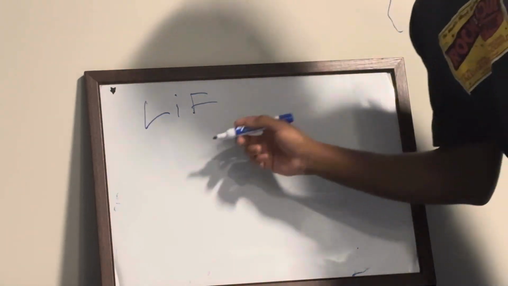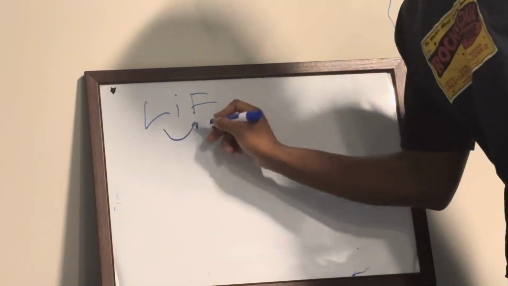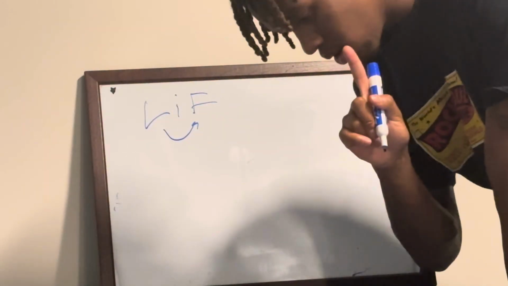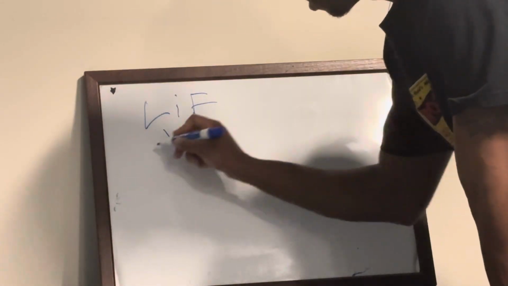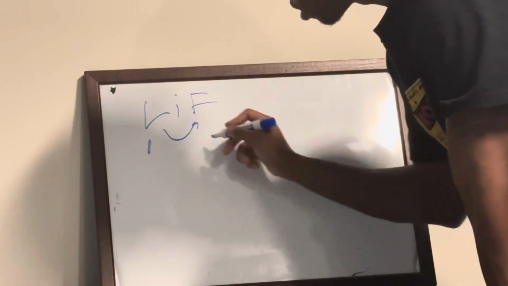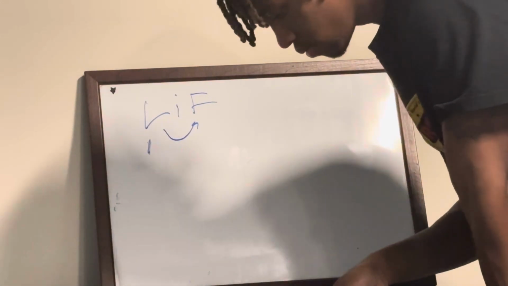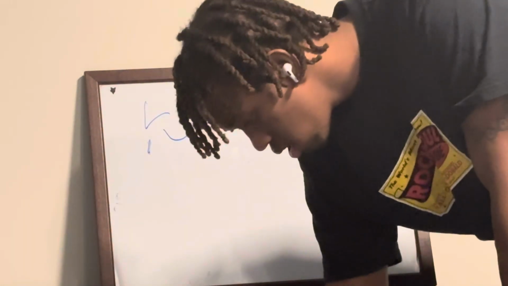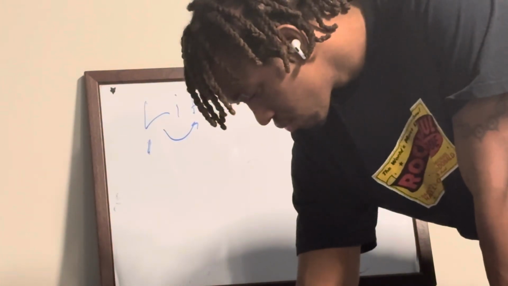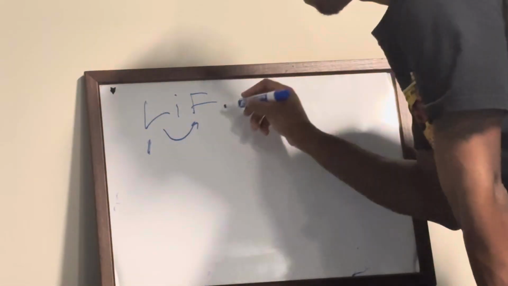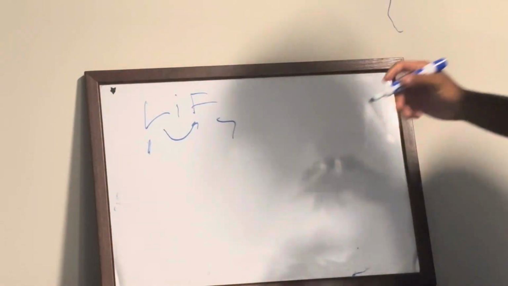So when this happens, we know lithium has 1 electron. Fluorine has 7.